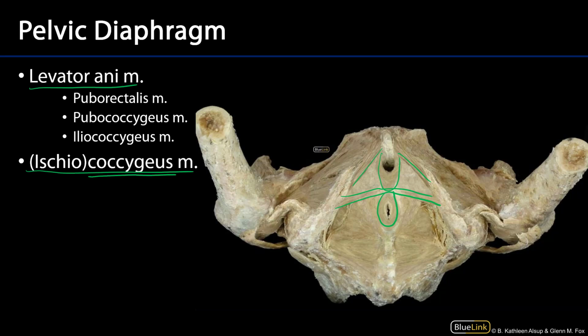So let's start with the more medial fibers of levator ani. And these include the puborectalis muscles. So the puborectalis muscles are going to form a sling around the anorectal junction.